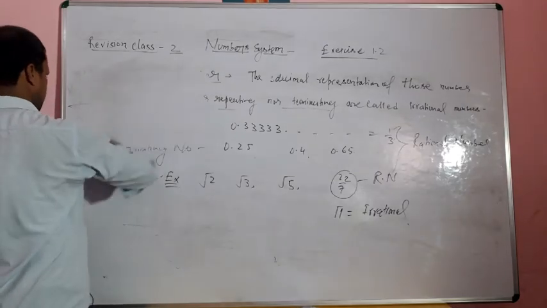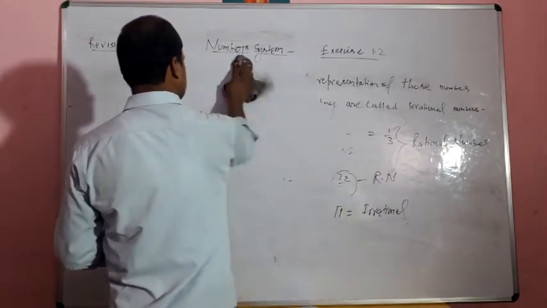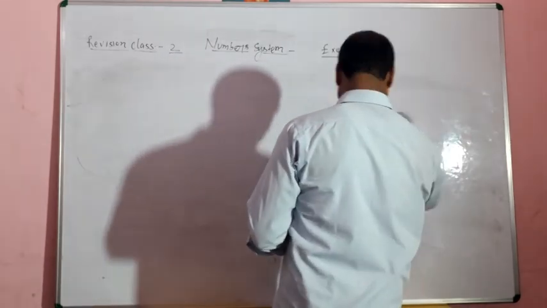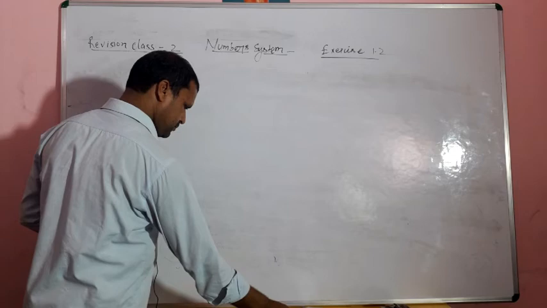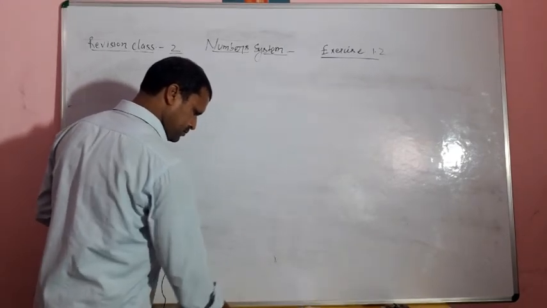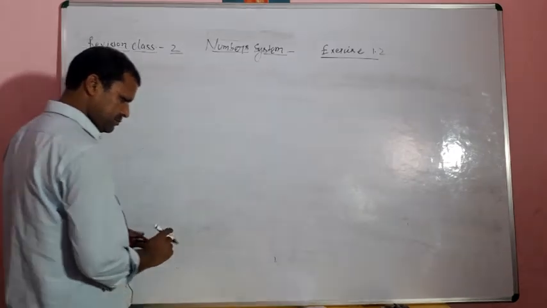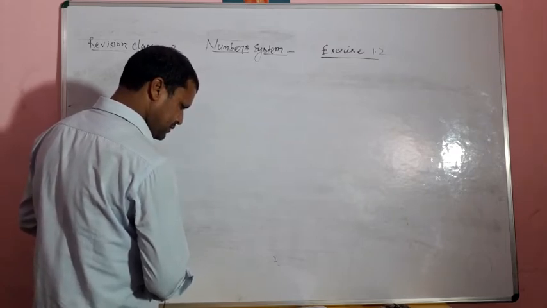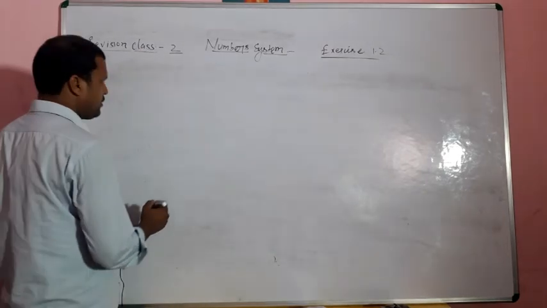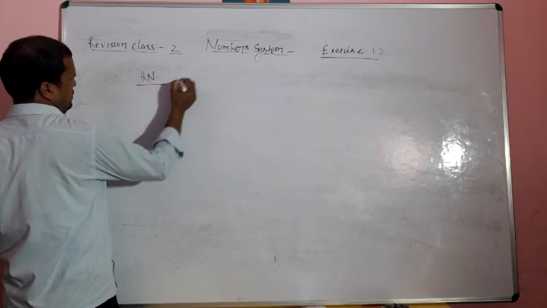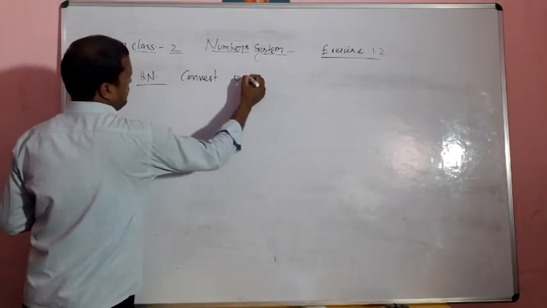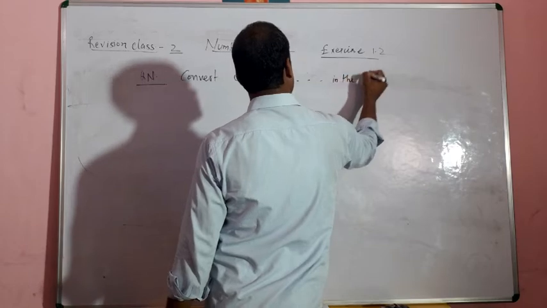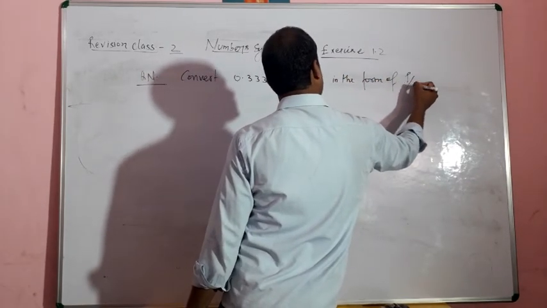See, the question is: convert 0.3333... in the form of p by q.